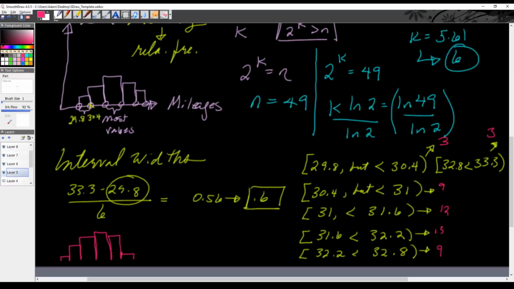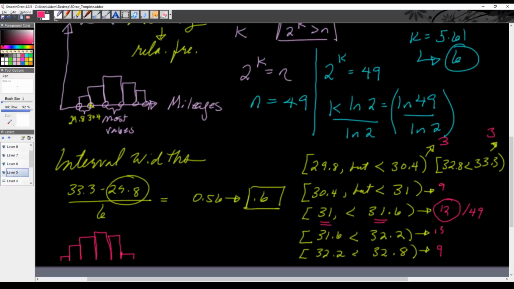We know the intervals. So what is the probability that I get a value greater than or equal to 31, but less than 31.6? What is the probability? Well, it's 12. 12 is the frequency, but the probability is 12 divided by the total number of observations in our data.